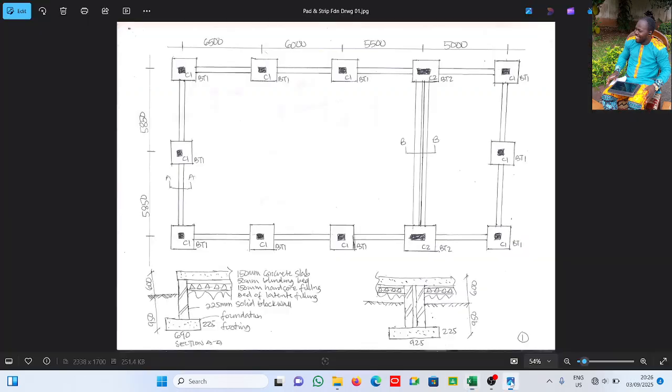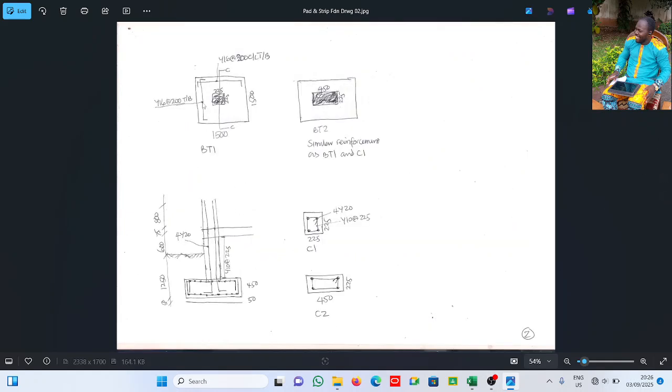Let me show you what I mean here. This is 1.5. The depth, when I mean depth, how deep it is to the ground, is 1.15. So I'm supporting it with wood. So the length by the depth. The same thing goes here. This is different.